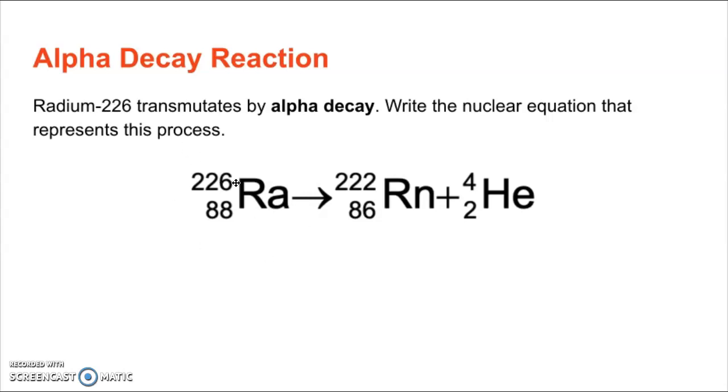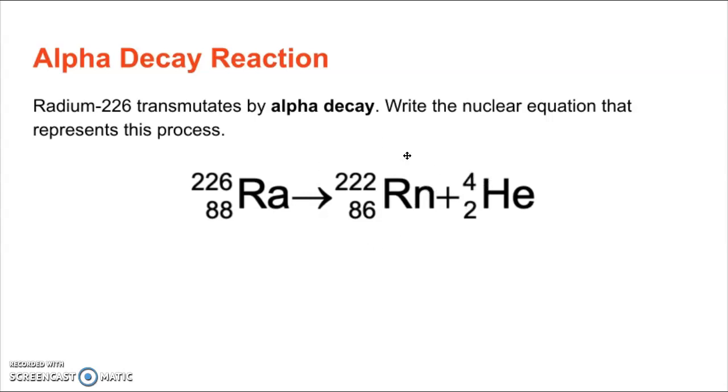Radium undergoes alpha decay, which, based on the table that you had created, can be shown as a particle of a helium isotope. So my chemical symbol is He. I have 2 protons and 4 is my mass number.